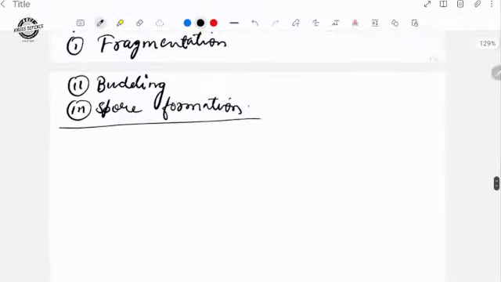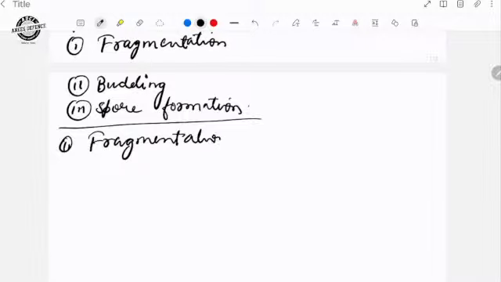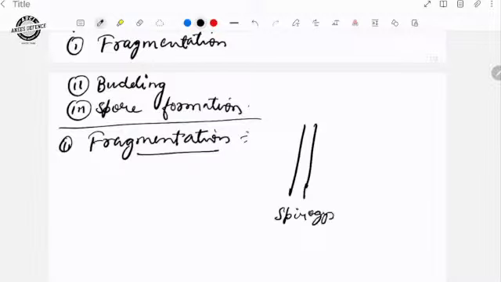One by one, we should clear the concept. See here, fragmentation. Fragments simply means pieces. Let us understand with this example: any organism is like this, and let's assume this is Spirogyra. This is the structure of Spirogyra.